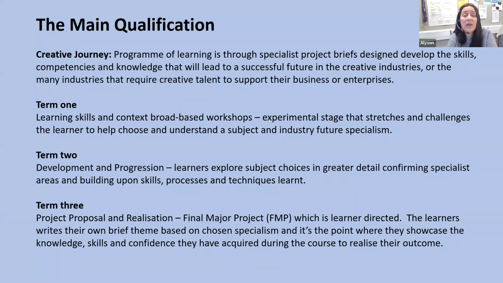This happens with all of the courses, whether it's a 1-year course or a 2-year course. With the project briefs that the students complete, it's the final major project at the very end of the year that determines the grade. The way our qualification works is that throughout the year, for all units and briefs, they receive formative and summative assessment feedback, but they can only achieve up to a pass at that point.